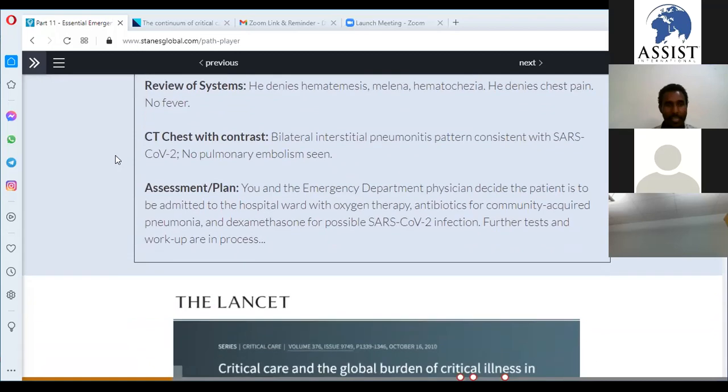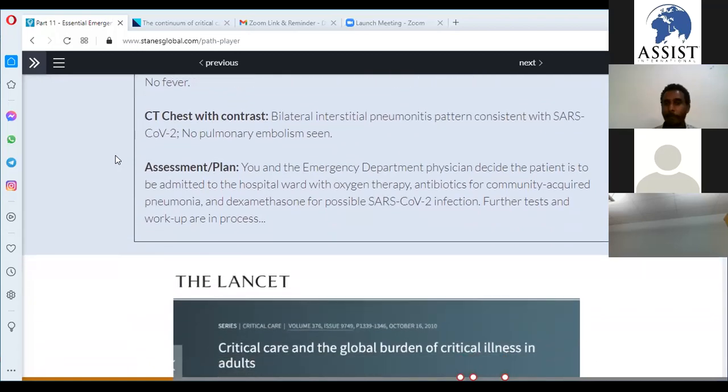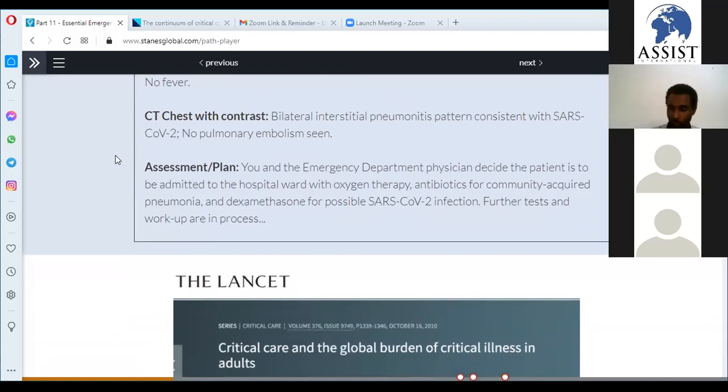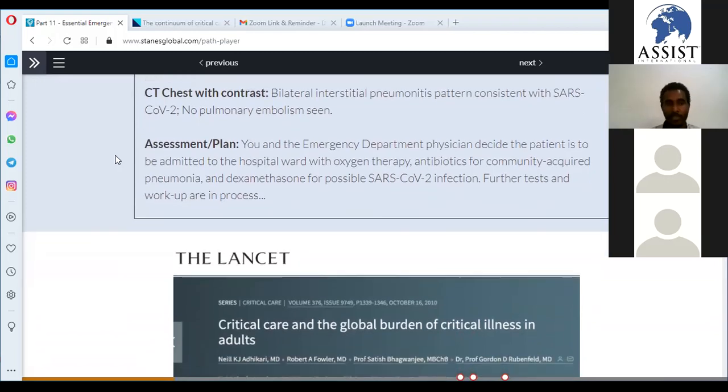On the CT scan with contrast, you see a bilateral interstitial pneumonitis that's consistent with SARS-CoV-2, and no pulmonary embolism is seen.